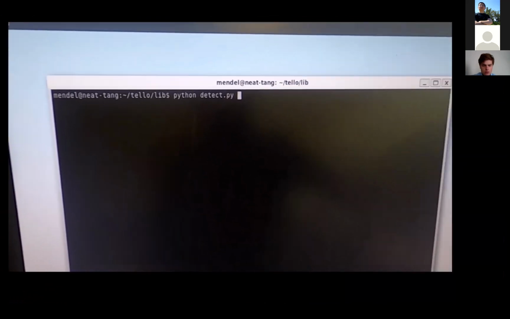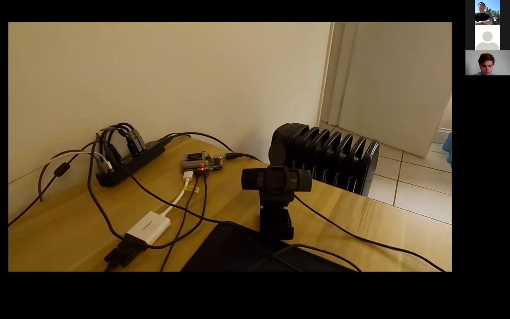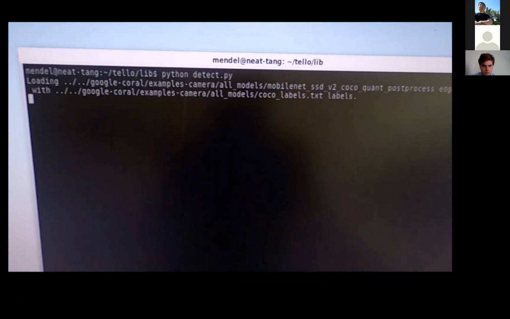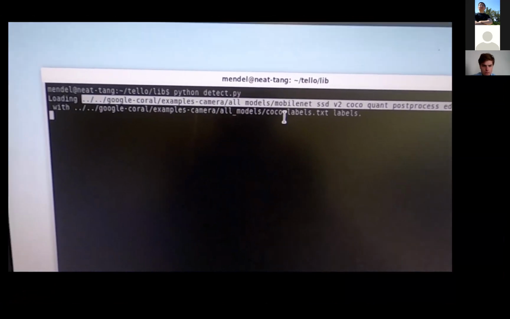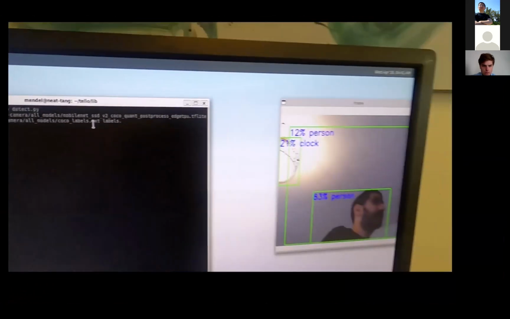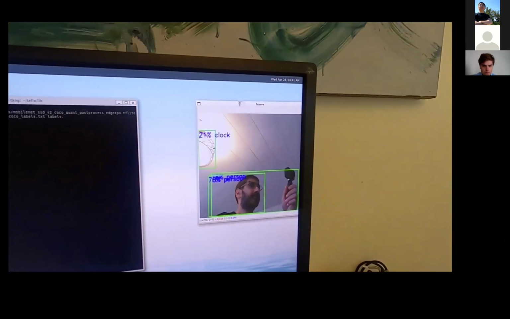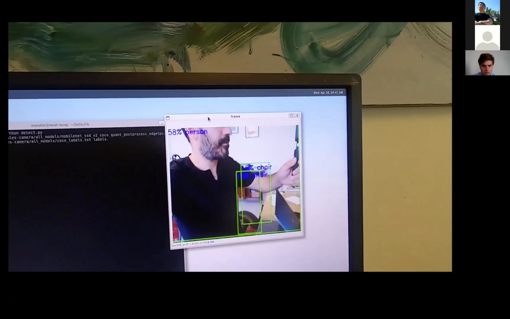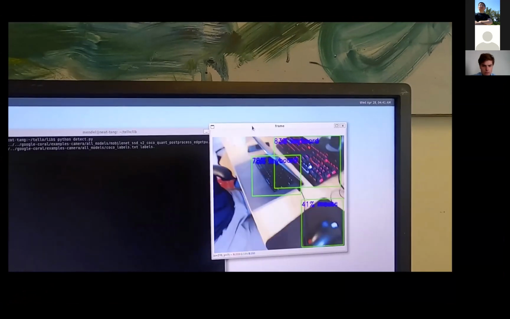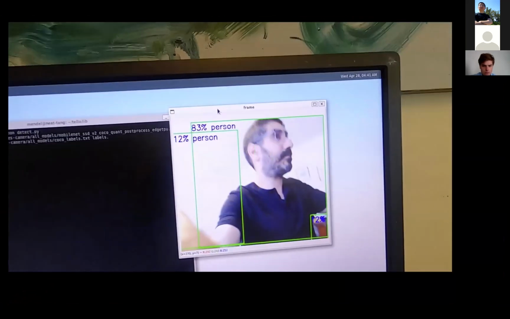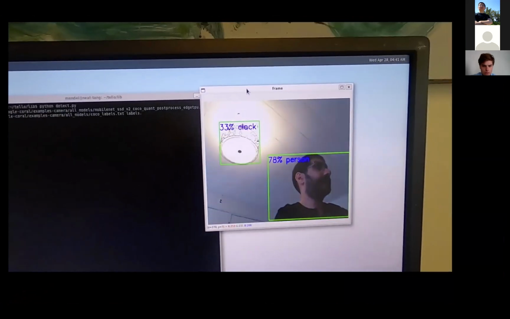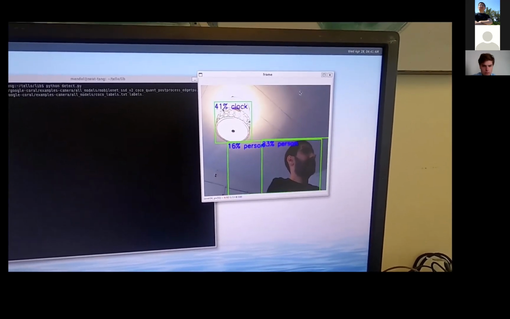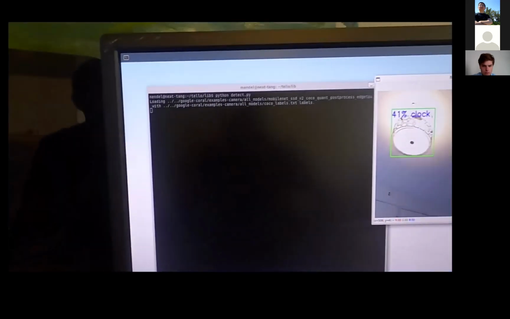So at first I want to establish a baseline to see how the detection works. So I connected a camera straight to it and loaded the MobileNet SSD with the Coco labels. It has, I think, 88 or 89 objects just to get this thing going.